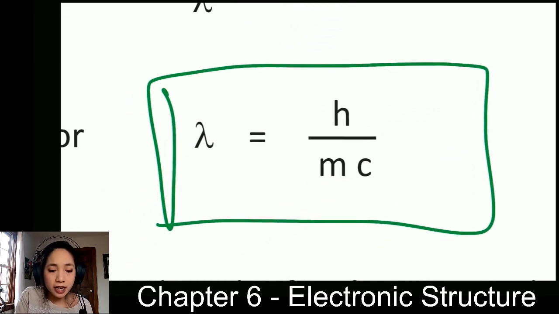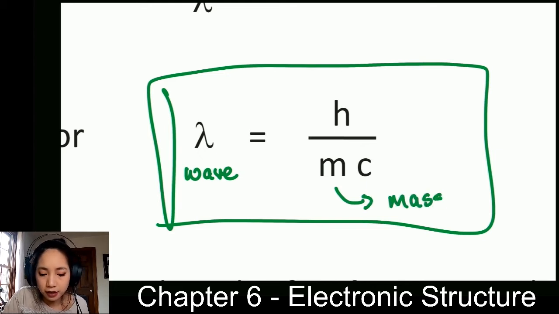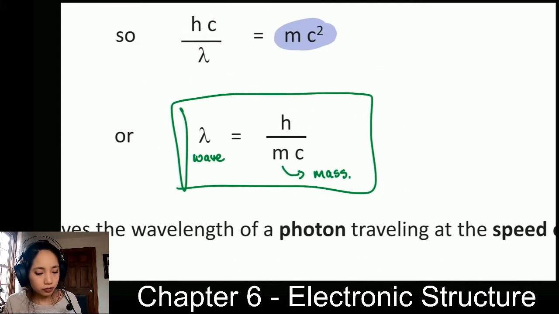And so you see here we can relate the wave properties of some light to its effective mass. So we can relate both the wave and particle nature of light in one equation. And that's what this equation says.